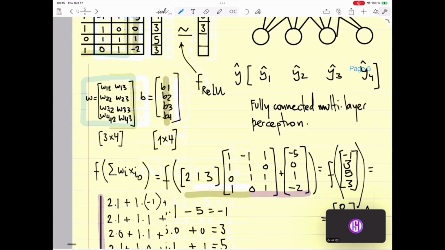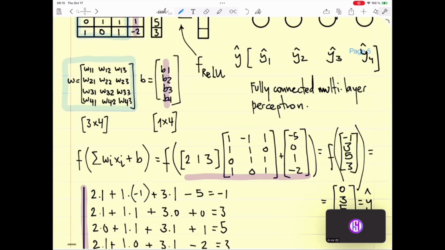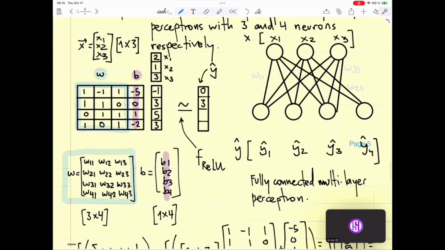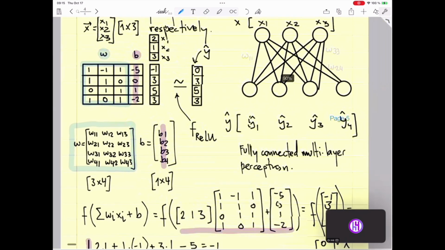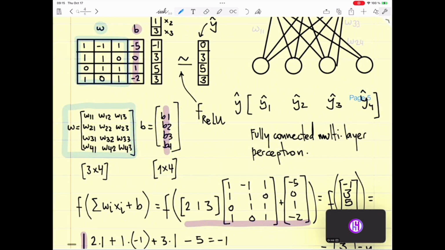And because it's a ReLU, it translates into a 0 later on here, okay? So, yeah, this is the way to do it properly. Any questions so far?